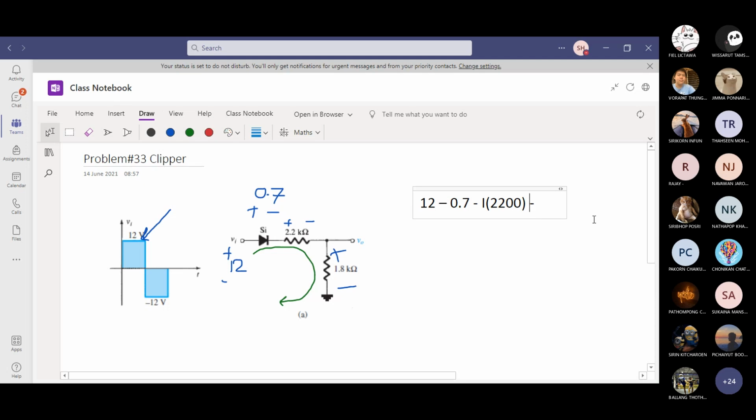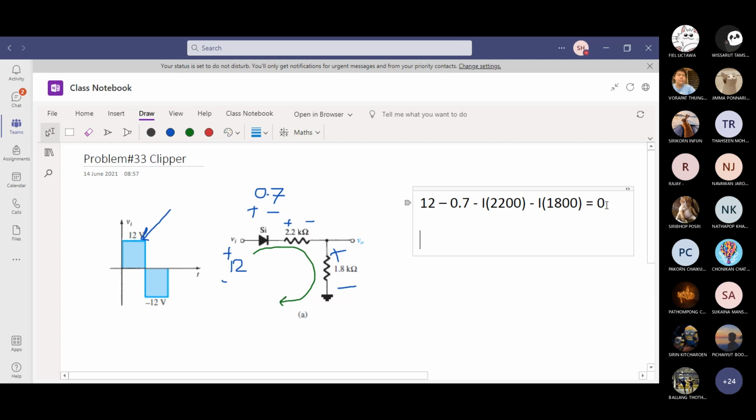Can everyone follow? What is the voltage across the second resistor? Current times resistor. This is the KVL equation: 12 minus 0.7 minus IR1 minus IR2 equals 0. What is the only unknown variable in this equation?